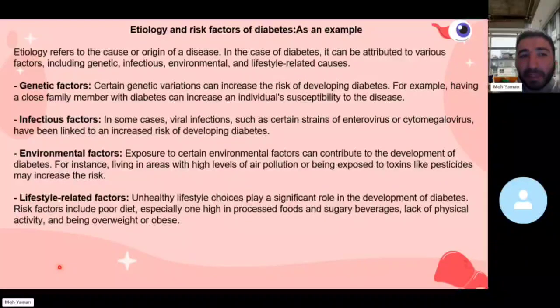As well, lifestyle related factors: processed foods and very high levels of sugar, lack of physical activity, and overweight can also be risk factors for diabetes.